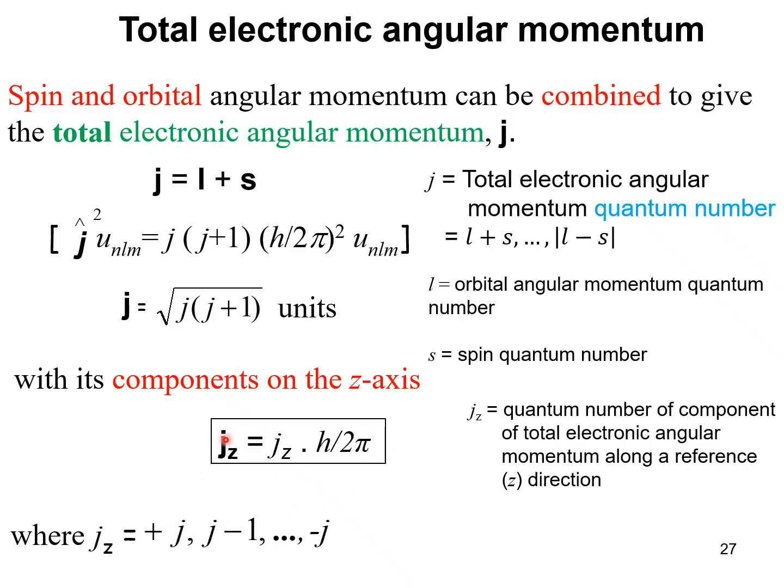Therefore, this component is quantized by the quantum number Jz, where Jz ranges from plus J to minus J.